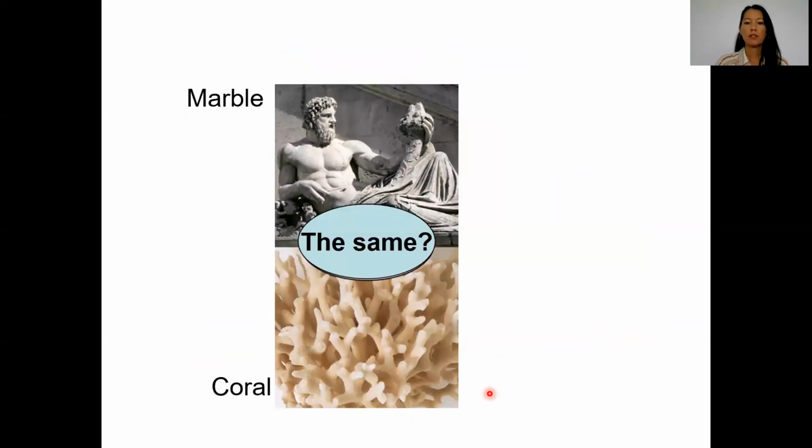Okay, let's take a look at our second law. I have a marble statue above in this photo and a piece of coral from the ocean in the bottom. Are these the same? You would need to know what they're composed of. They're composed of calcium carbonate, CaCO3, and even though they look different, they are actually both the same composition.